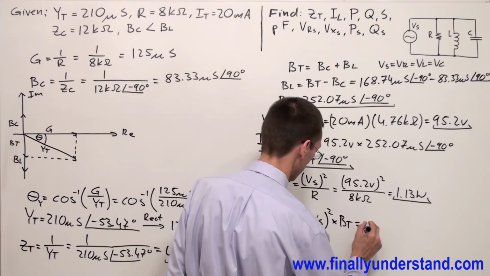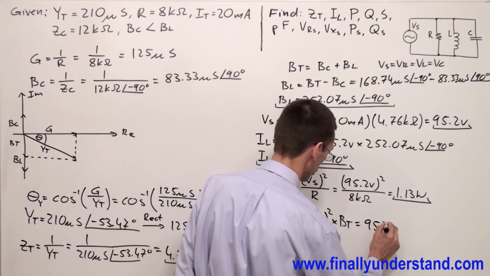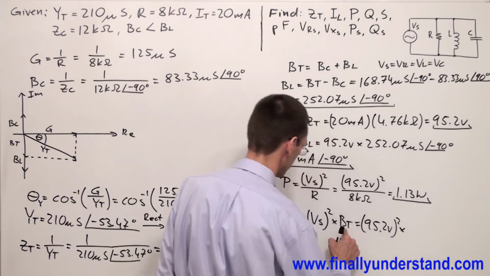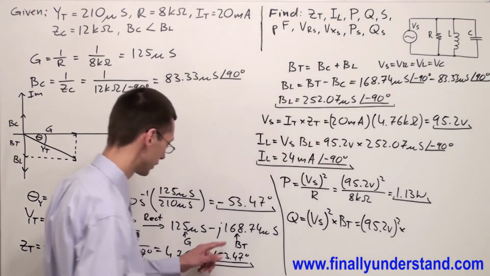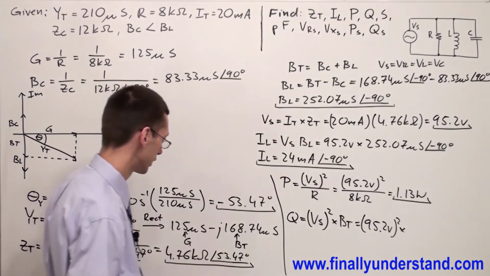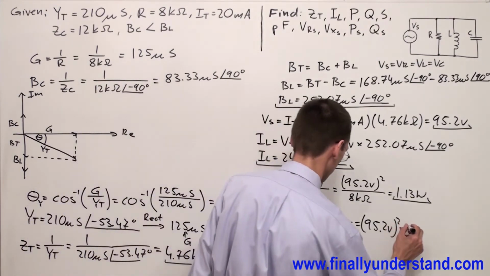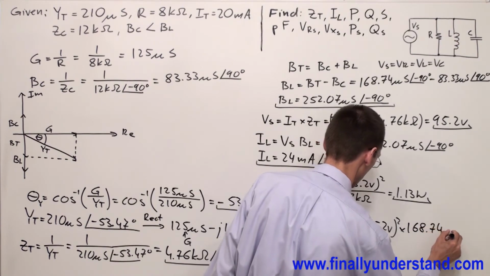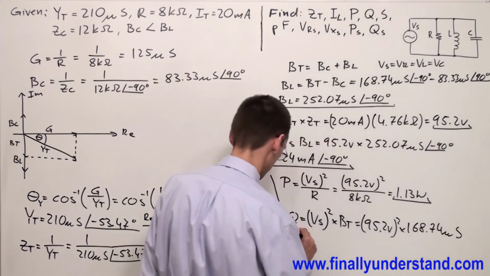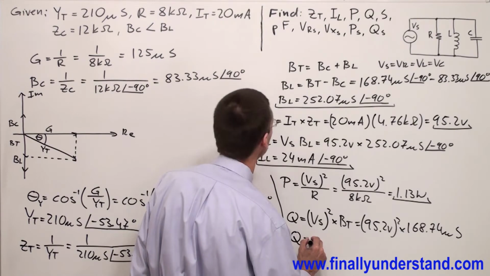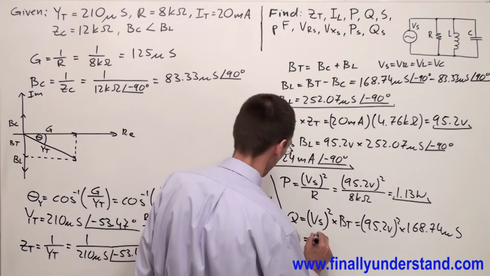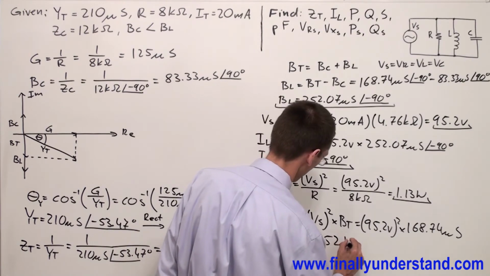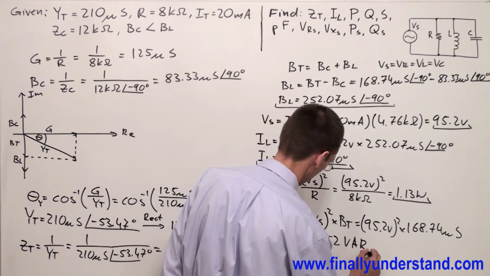Okay, so this is equal to 95.2 volts raised to the second power times BT, and we found that BT is equal to 168.74 microsiemens. So Q is equal to 1.52 volt ampere reactive.